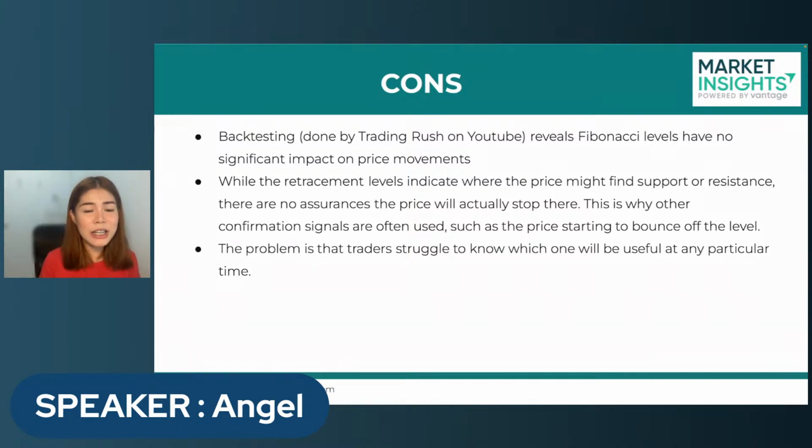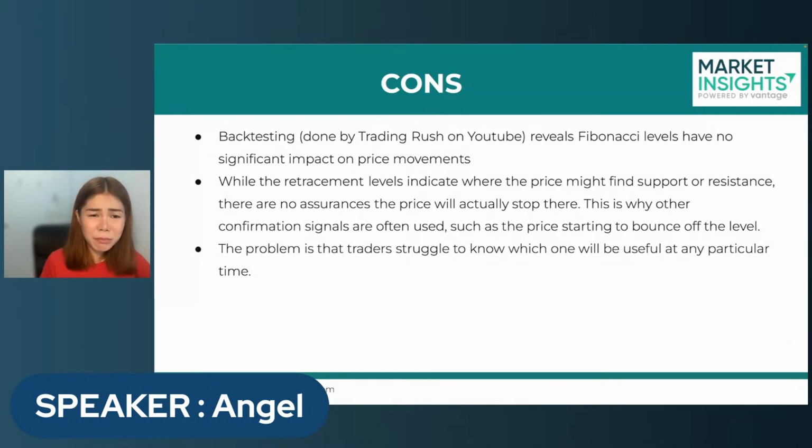So while the retracement levels indicate that the price might find support or resistance, there is no assurance the price will actually stop there. That is why other confirmation signals are used, such as price starting to bounce off this level. And the biggest problem of all is traders struggle to know which one will be useful at any particular time.